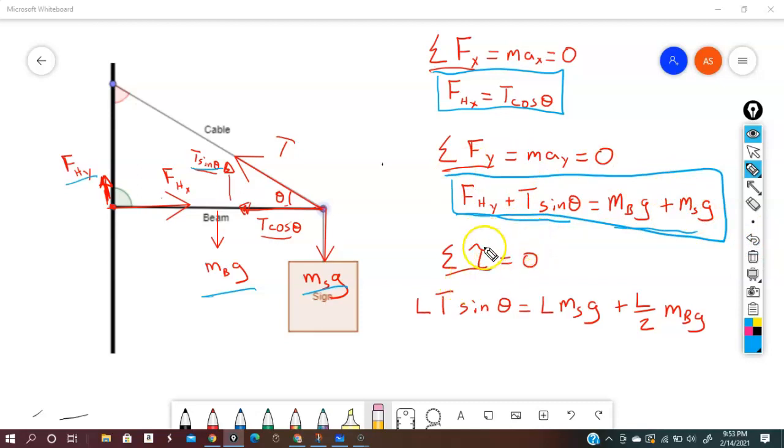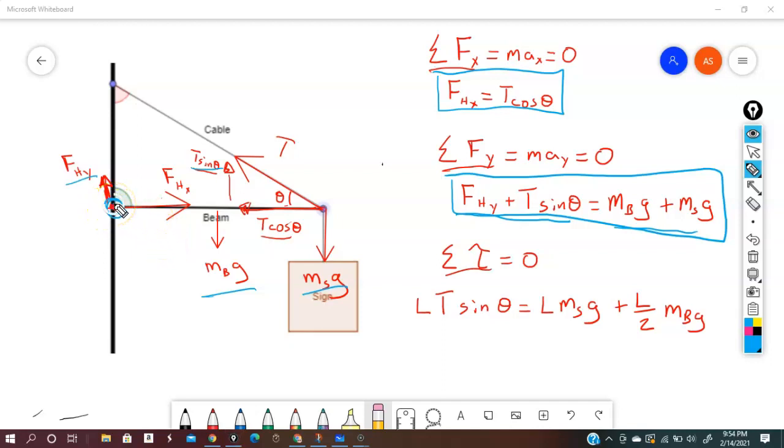In the torque equation, we have to deal with all the torques trying to spin this thing in the counterclockwise direction, and the torques trying to spin it in the clockwise direction. It turns out that if it's not rotating at all, we can choose any point we want as the pivot point. I'm going to pick this hinge because that seems most natural.